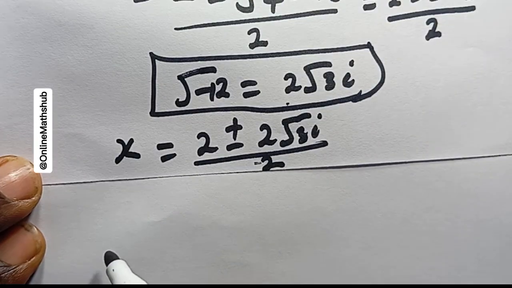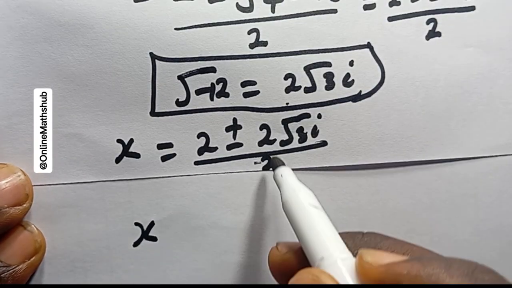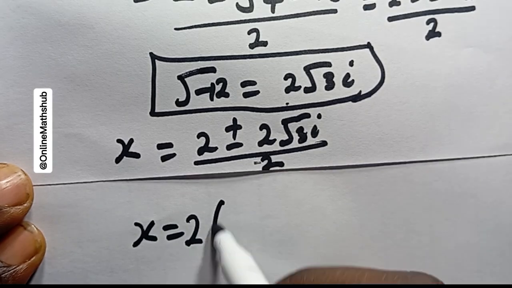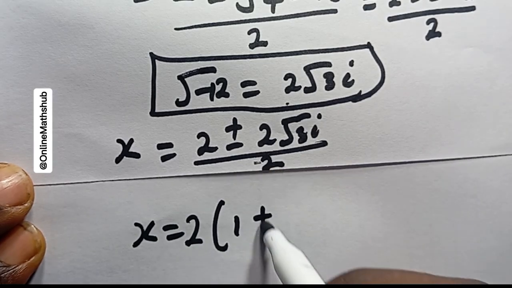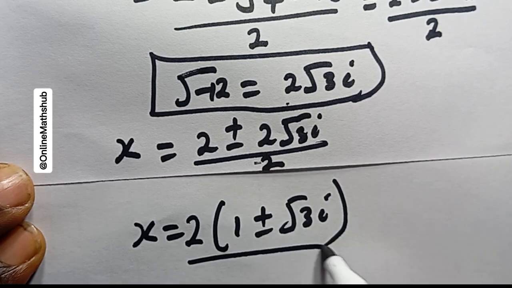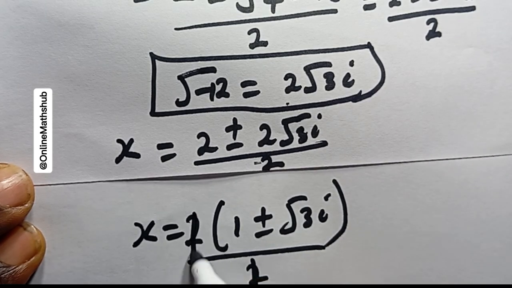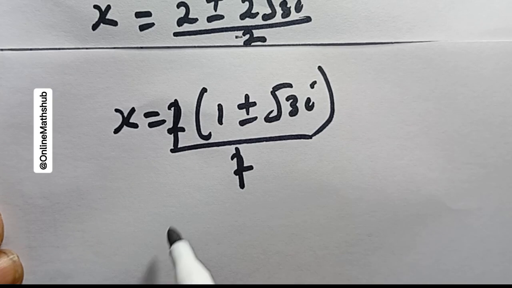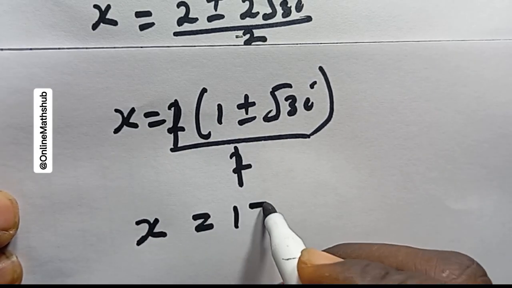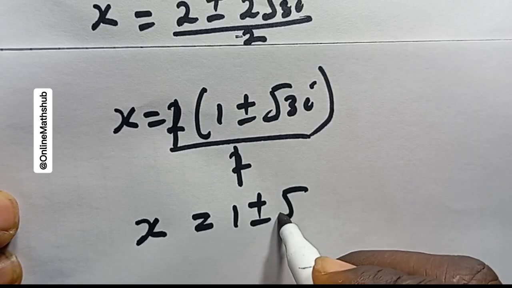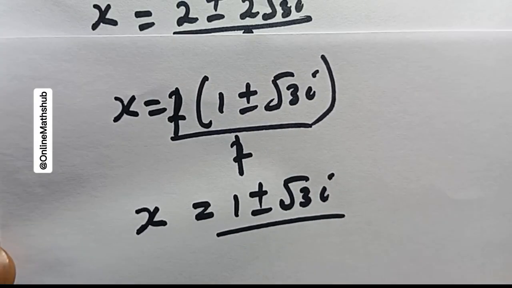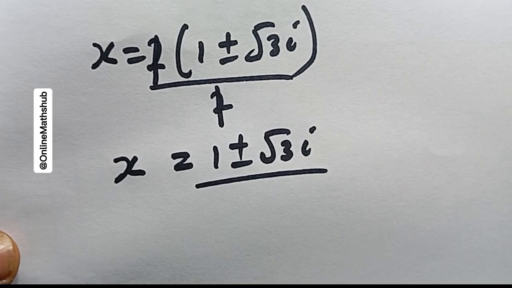Moving on, I can factorize 2 out here. So this is 2 into 1 plus or minus root 3i, all divided by 2. These 2 can also cancel, and what I will have left is that x is equal to 1 plus or minus root 3i. So these are the remaining 2 values of x.